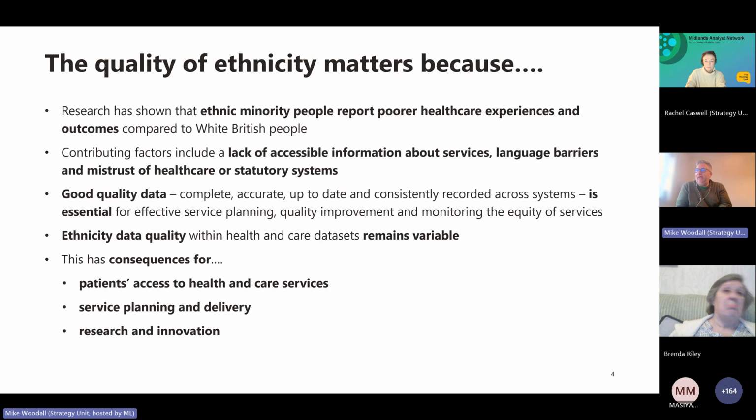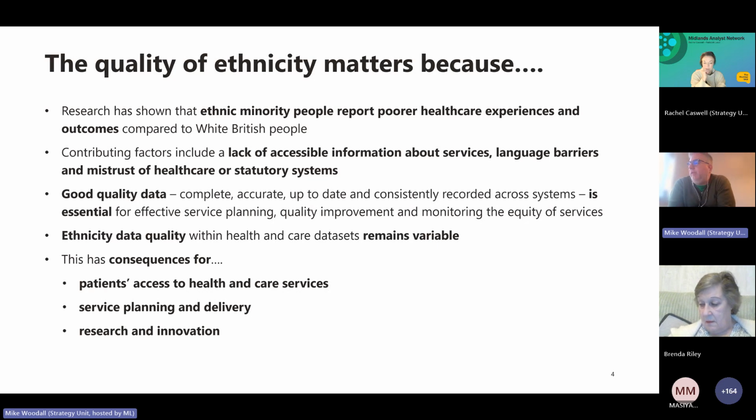Actually, ethnicity data quality within healthcare remains variable. So there are problems within it. It's not just in terms of missing data. There's often a use of codes that are not helpful. So people coded as not known, significant numbers in systems and other areas, so there's no identification of the true ethnic group.